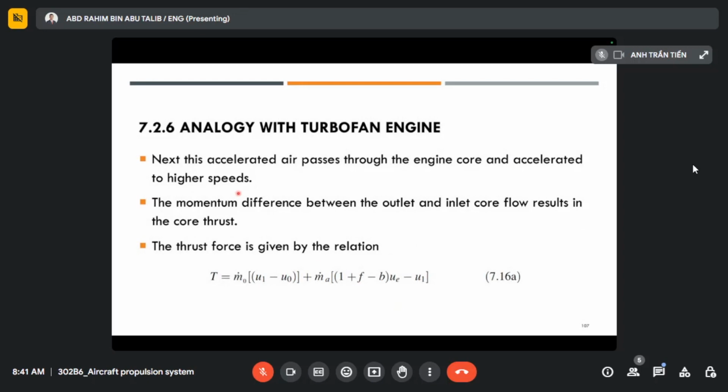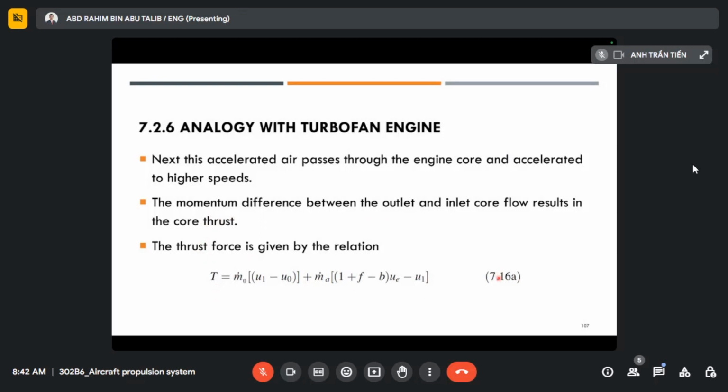Next, this accelerated air passes through the engine core and is accelerated to a higher speed. The momentum difference between the outlet and inlet core flow results in the core thrust. The thrust force is given by this relation.